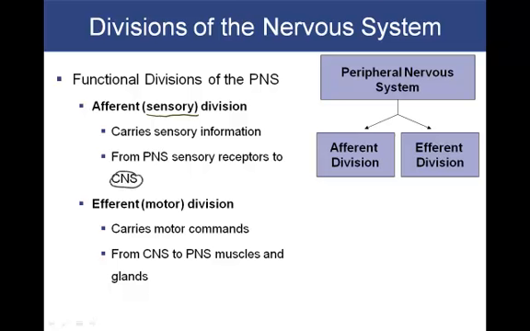So this is heading towards the brain. This is the afferent division. The efferent division is our motor division, and this is going to carry motor commands from the central nervous system to the body. So the peripheral nervous system can be divided into both afferent and efferent divisions.